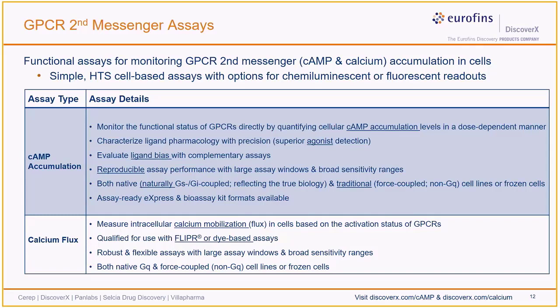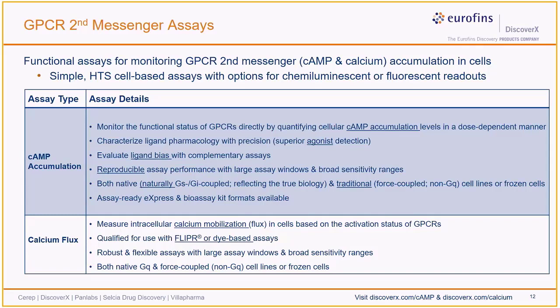So you can monitor the functional status of your GPCR directly by quantifying the cellular cyclic AMP accumulation levels in a dose-response manner. You can characterize your ligand pharmacology with precision and evaluate ligand bias. And this is nice because you can complement it with other types of assays that we'll talk about specifically, for instance, the β-arrestin assay on the next slide.